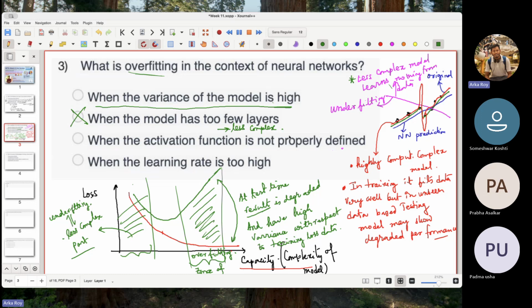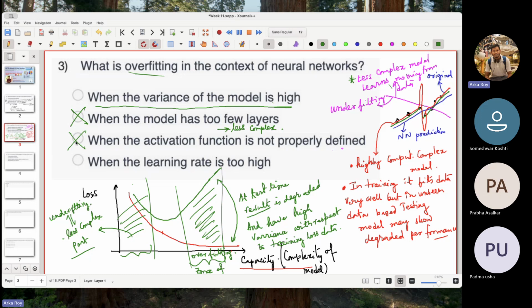I can show you in later slides that with certain activation functions you might find the overfitting issue, and with certain activation functions proposed in recent years, they alleviate the issue of overfitting. Therefore, the activation function definition cannot be the sole factor of overfitting.